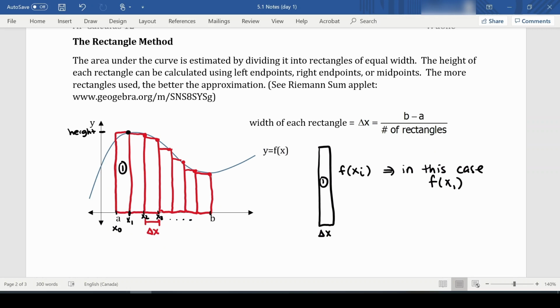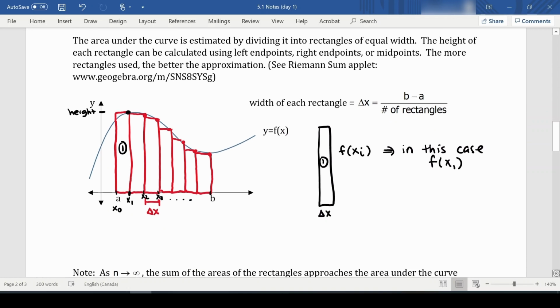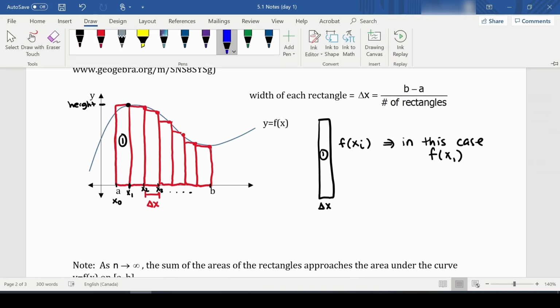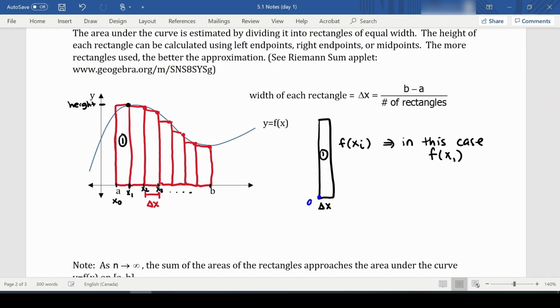Okay. Now, the notation we're going to see here, because we're going to have right endpoints, which we just drew, left endpoints, and sometimes midpoints. This corner here is corner A, and this corner here is corner A plus delta x. So my right endpoint is going to be f of A plus delta x.